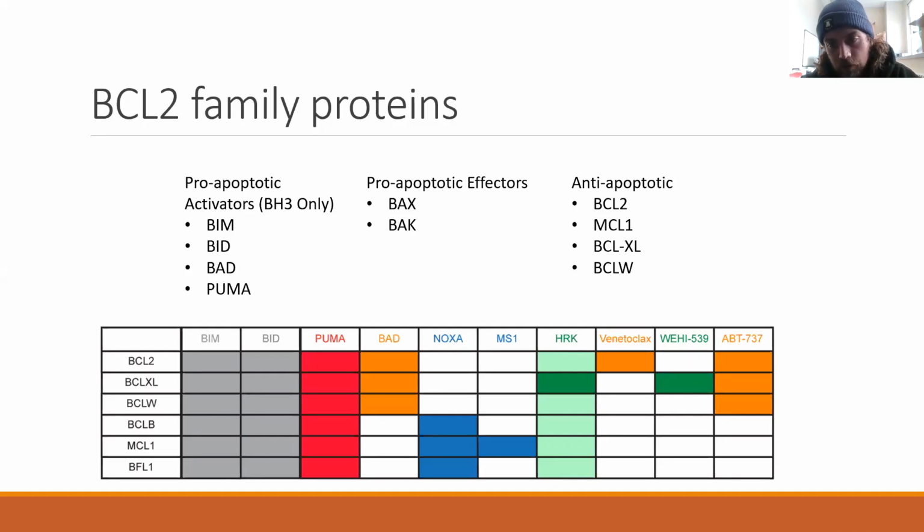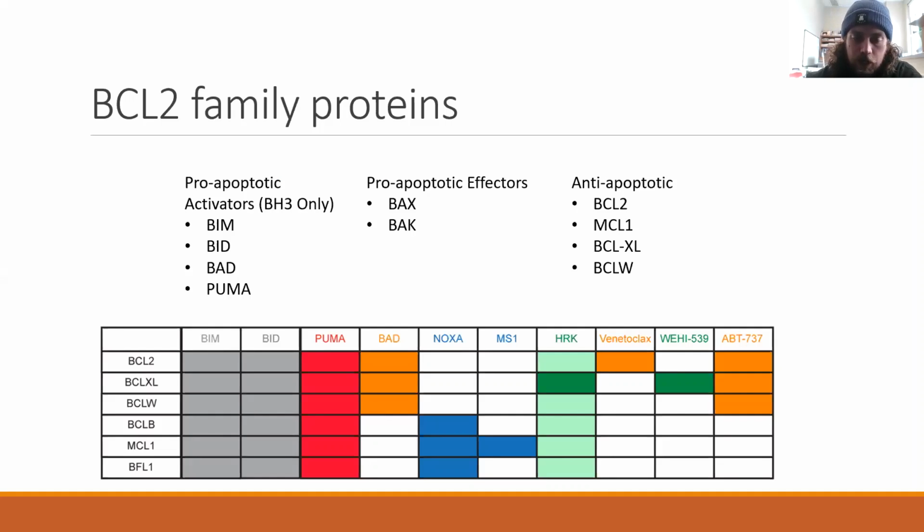Below here, I have a diagram showing some binding patterns of certain peptides and small molecule inhibitors, which I'll elaborate on a little bit, and how they bind with our anti-apoptotic proteins. You can see that the anti-apoptotic proteins in most cases are really trying to bind BIM, BID, and PUMA, which are probably our three most important initiators of apoptosis in response to apoptotic stimuli.